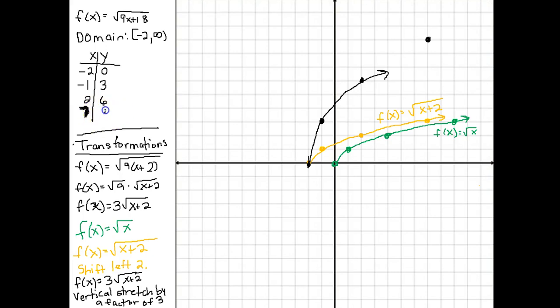Square root of that is 9. So you would have gotten that point up there. So there's that vertical stretch by a factor of 3. So your rules of shifting, reflecting, stretching, shrinking, all that still apply to root functions.